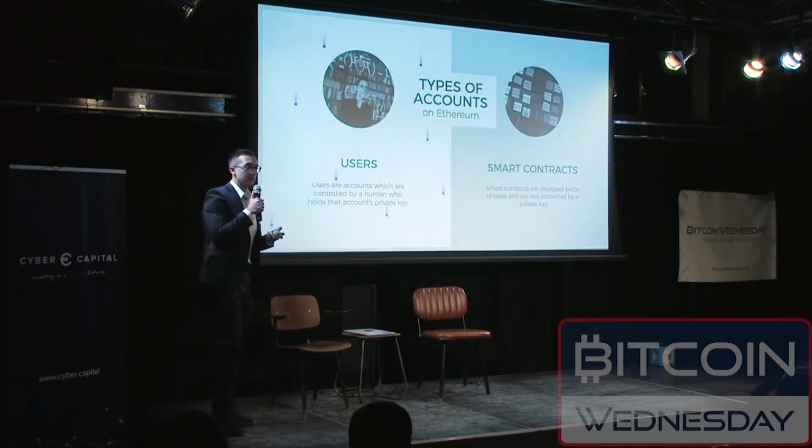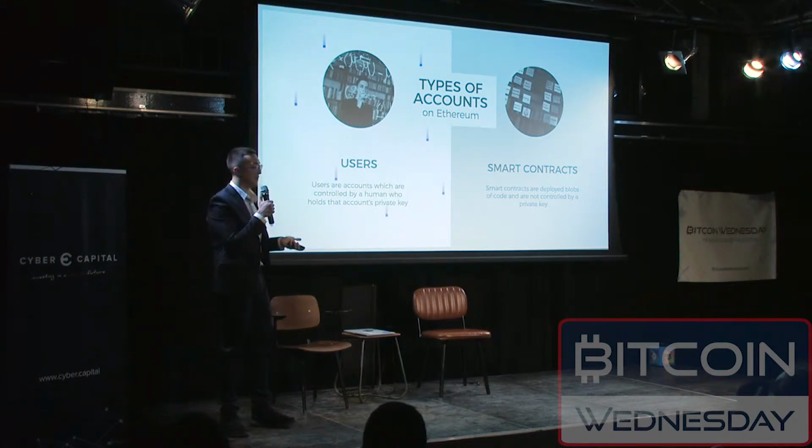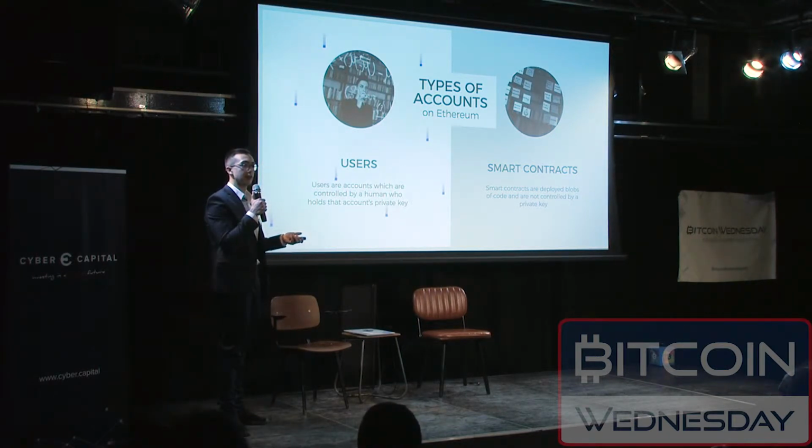So going a little bit deeper, the reason why we need to set up a protocol to handle scheduling transactions is because of the two types of accounts we have on Ethereum. We have users which control the private keys, and these are the accounts that can actually execute transactions, can actually sign transactions and publish them to the blockchain.